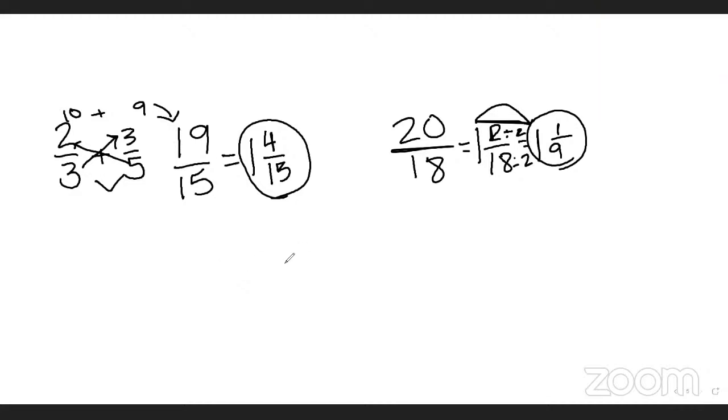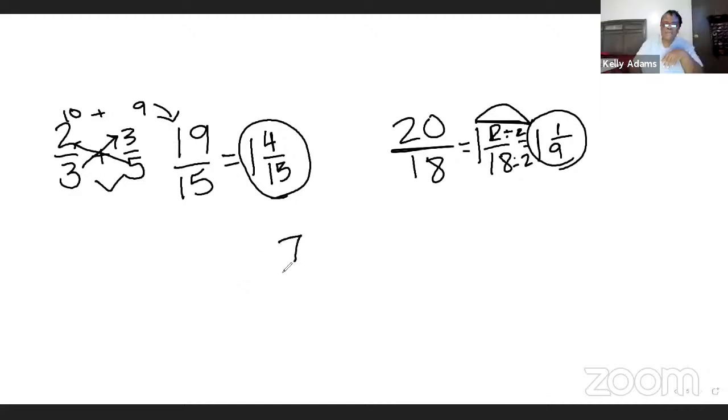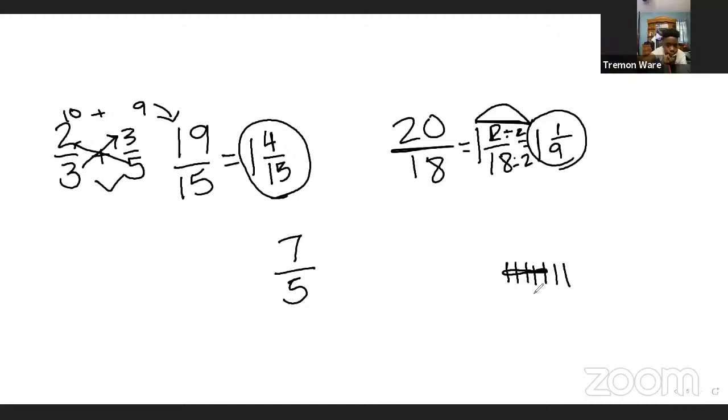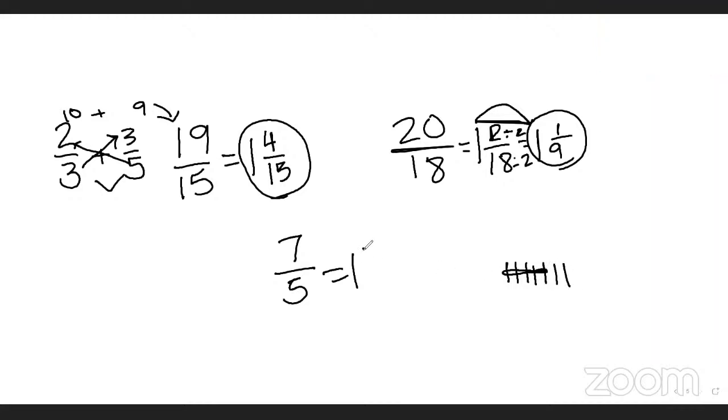If I have a 7 and a 5, if I pull down 7 sticks, 1, 2, 3, 4, 5, 6, 7, I need to pull out 5 of them sticks. 1, 2, 3, 4, 5. I loop them. Do I have enough for 5 more? No. So how many times does 5 go into 7? Once. And how many left over? 2. 2/5.